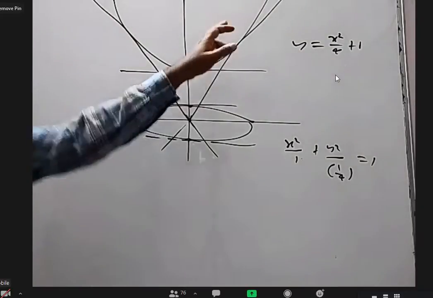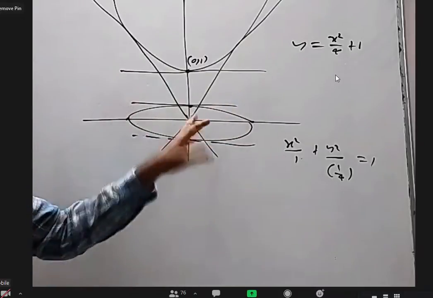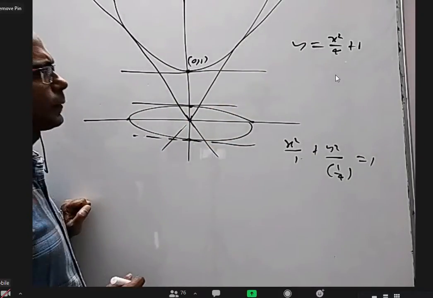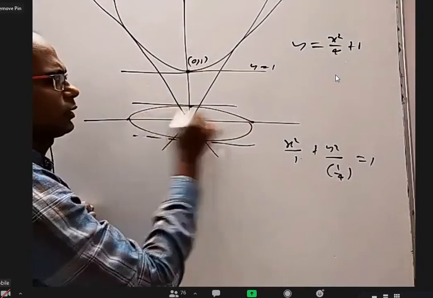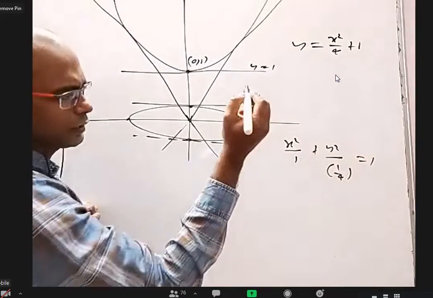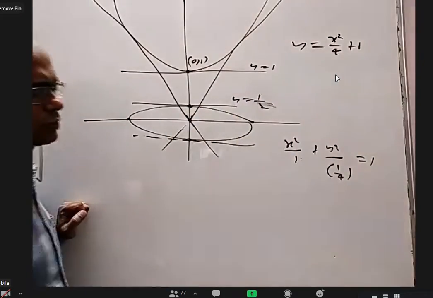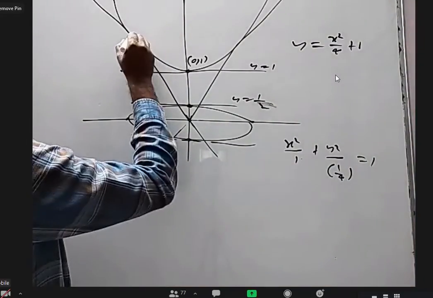So this is a parabola. From the center of the ellipse, two tangents are drawn, tangent at this and here. I want to use half h into a plus b. I know this equation y equal to 1. I know this equation y equal to 1 by 2, because this point is 0, 1 by 2 based on this. What about these two lines? Instead of that, we can do one thing.